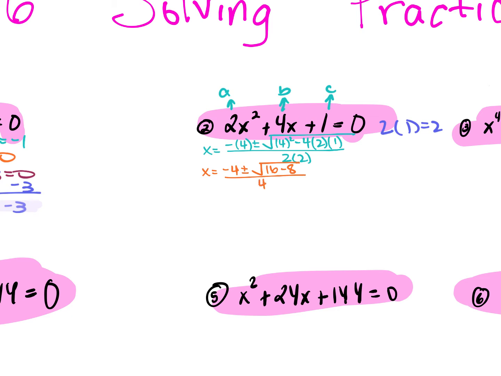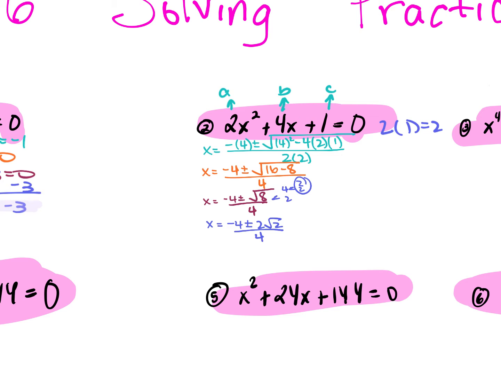That 16 minus 8 gives us what? 16 minus 8 is 8, all over 4. What is the square root of 8? 8 is 2 and 4. 4 is 2 and 2. Your two 2's pair up, so that's negative 4 plus or minus 2 square root 2 all over 4.